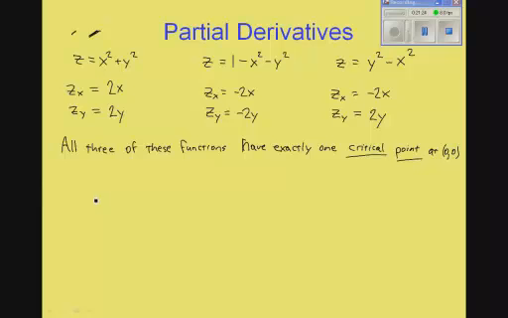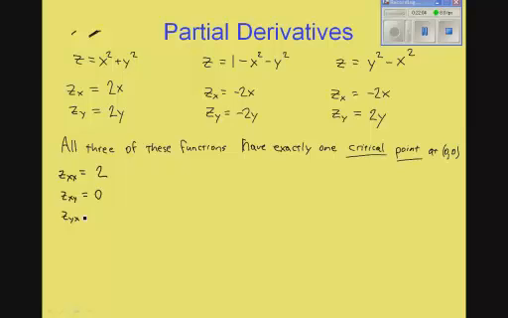So what I want to do is test what kind of critical point we have. I'm going to need some functions. So I need z_xx, and that equals 2. And I need z_xy, and well, what this means is take the 2x, take the derivative with respect to y. And of course, that means we're treating x as a constant, so yes, it's 0.